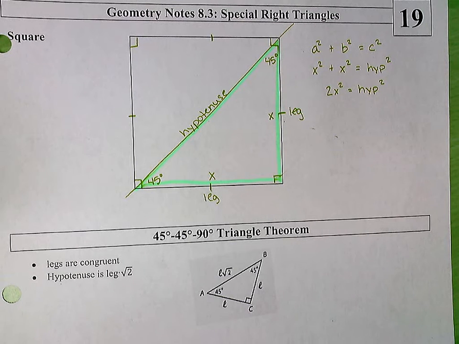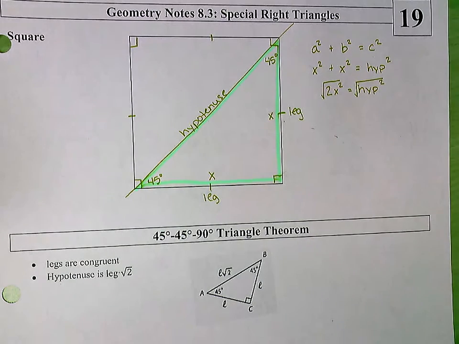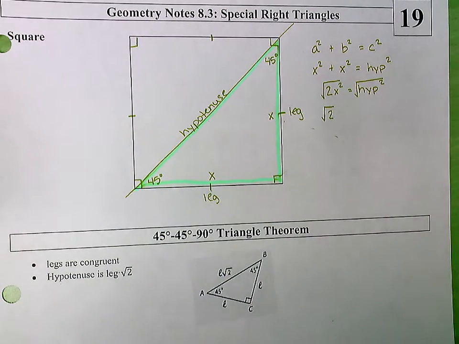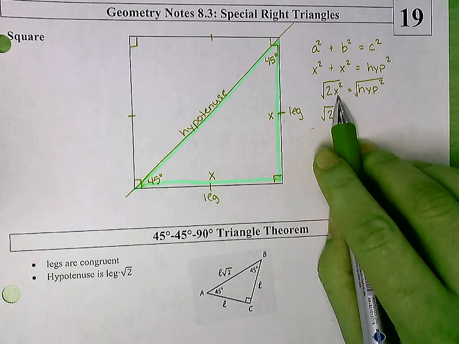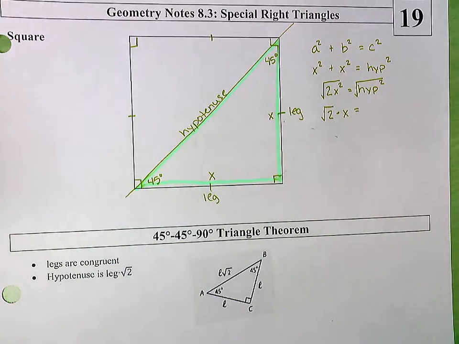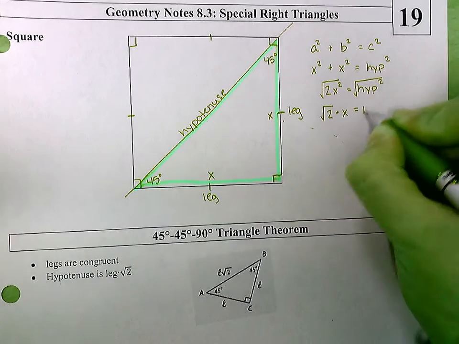All right, at this point you usually divide by 2, but I'm not going to divide by 2. I'm going to take the square root of both sides. When I do that, I still have this square root of 2 multiplied by, if I take the square root of x squared, that's just x, is equal to, if I take the square root of the hypotenuse squared, it's just the hypotenuse.